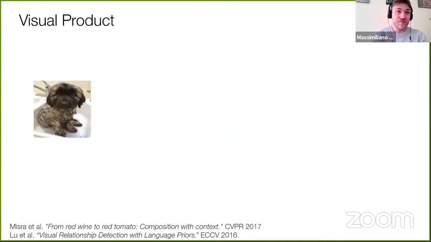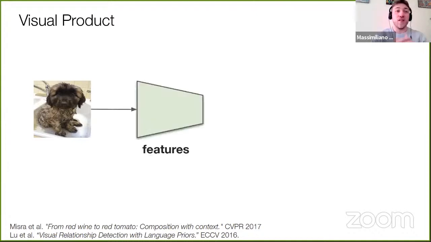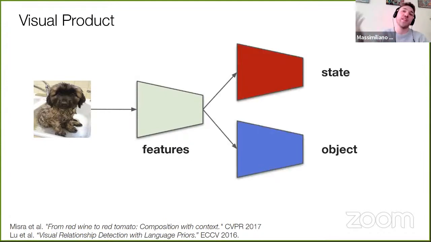This is the first way one can address this task. It's very straightforward. You take the image and extract some features out of the image. Then from the features, we can predict the state and object independently.